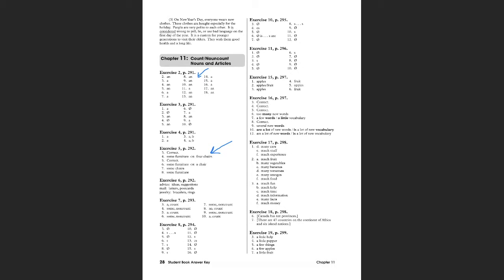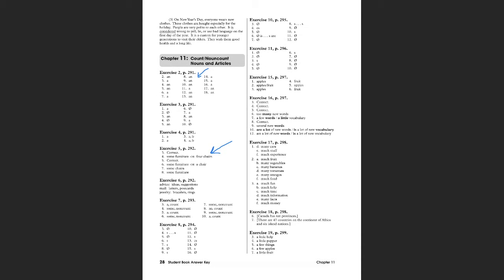Number 7, some chairs with the S. And number 8, some furniture. Okay, that's exercise 5. Make sure you're correcting those on 7 and 8 with the S. So check the spelling on 7 and 8, chairs and furniture.